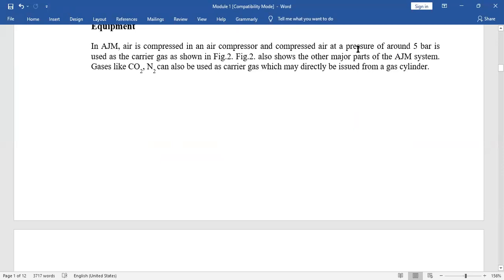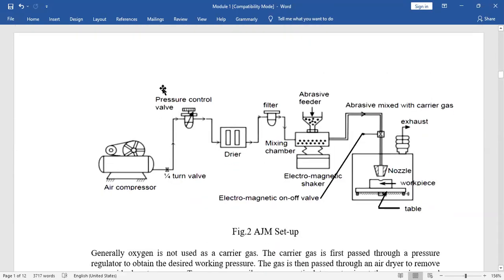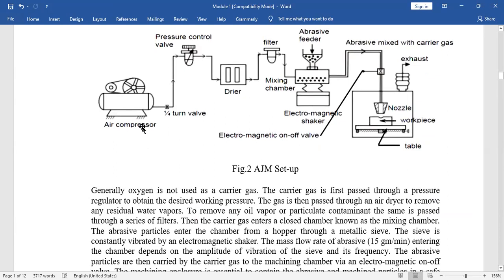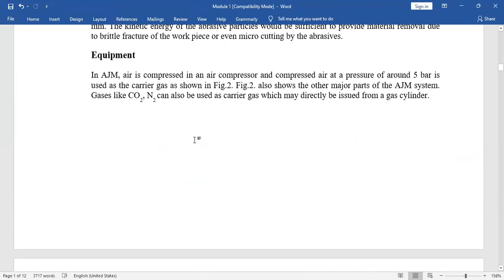In the air compressor, compressed air at a pressure of around 5 bar is used as the carrier gas.